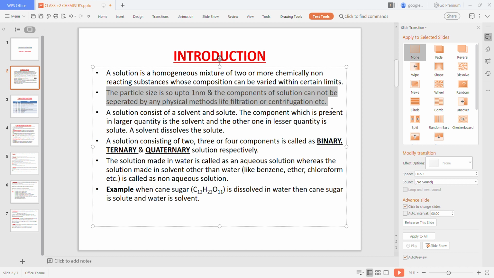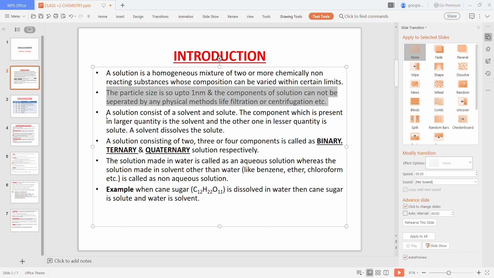These components cannot be separated easily. With the help of physical methods, you cannot separate them, with processes like filtration or centrifugation. You have to apply some chemical methods whenever you want to separate them.